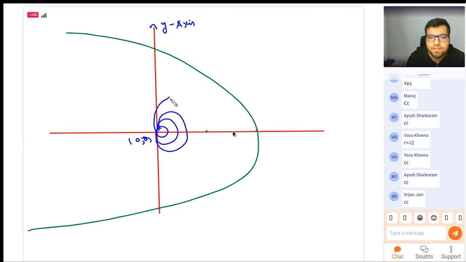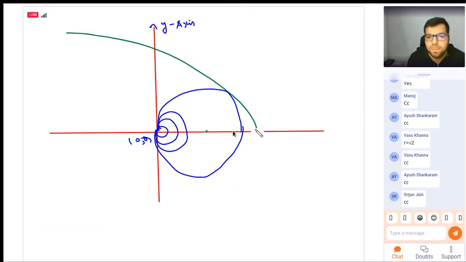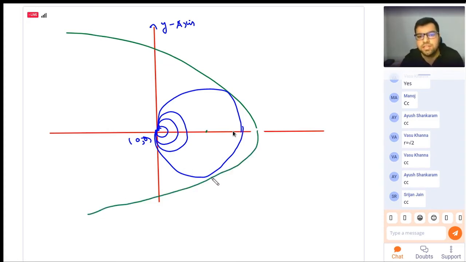So keep on increasing the size of the circle till it touches the parabola, the parabola is like this.